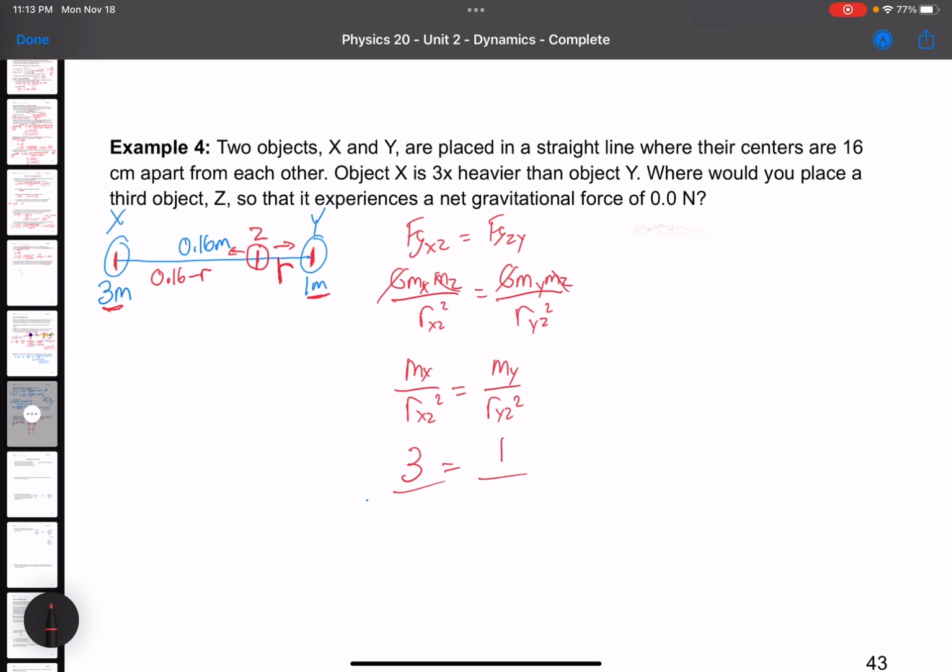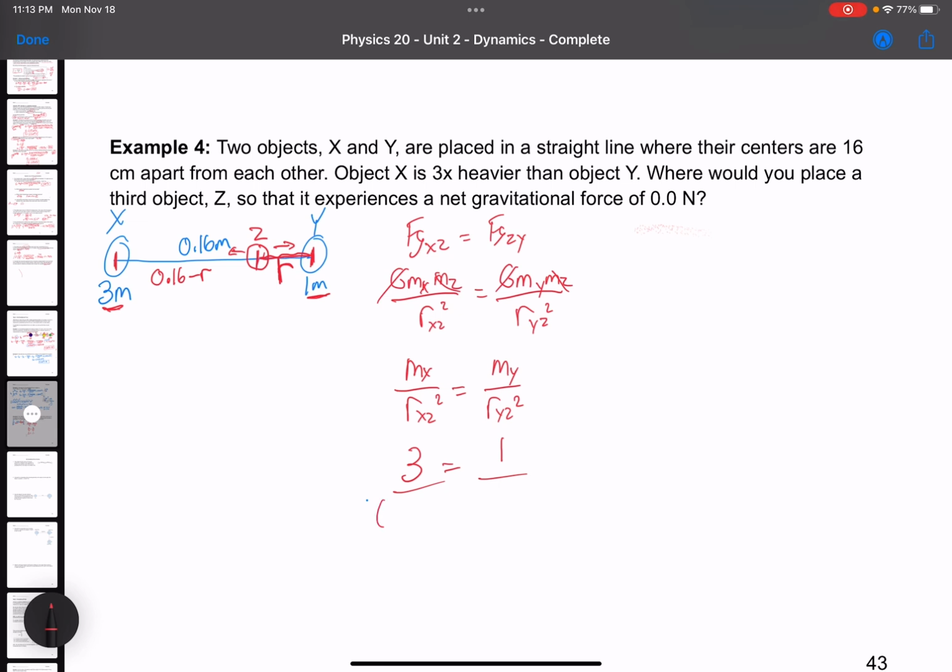So for example, if r is 5, so this section that I'm coloring in red right now is 5, then the other section has to be 11 because I subtract 5 from 16 and I get 11. So this is the first catch that's going to help me get through this.